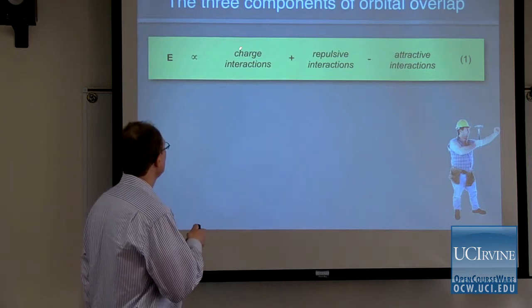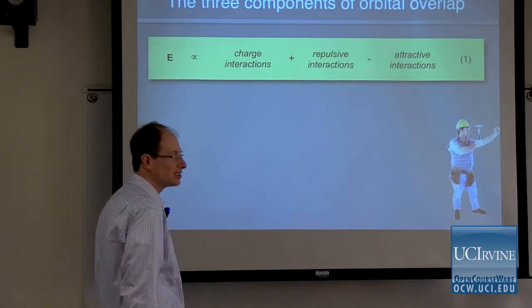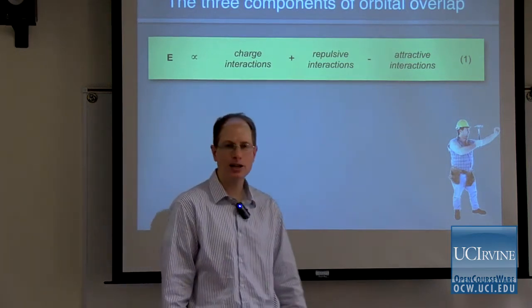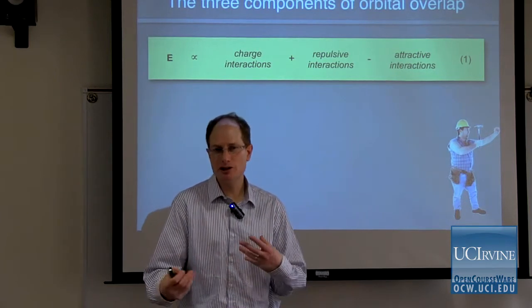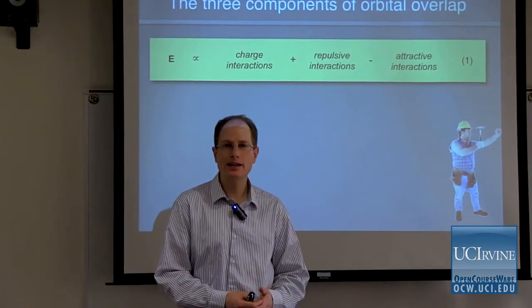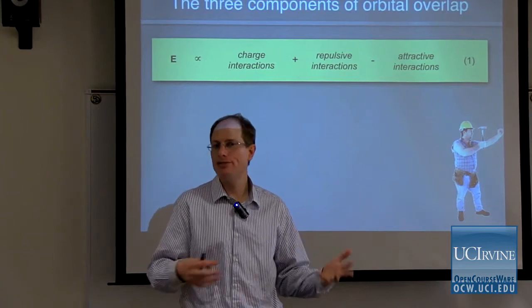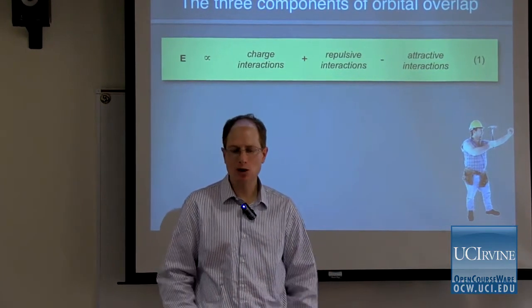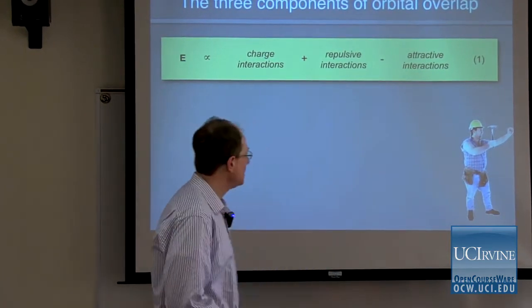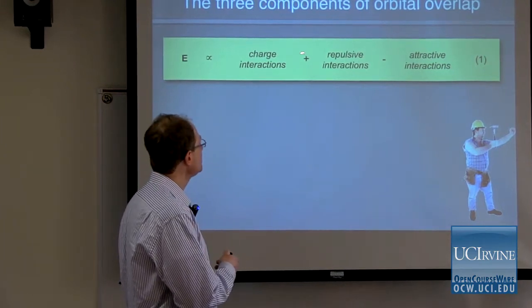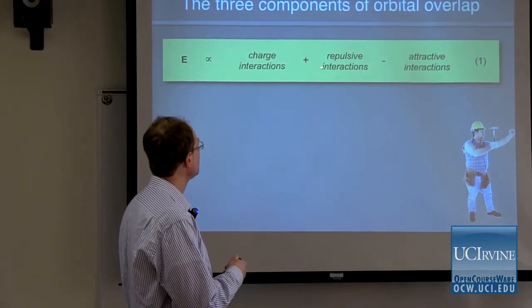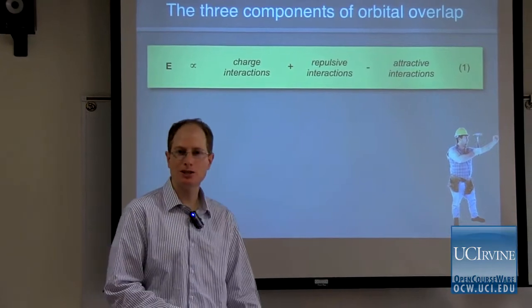Component number one are charge-charge interactions. So if these molecules happen to have plus charges and minus charges, then that will have some interaction, some Coulombic interaction. In addition, if the molecules have a repulsive interaction with each other, that will also contribute energy as well.